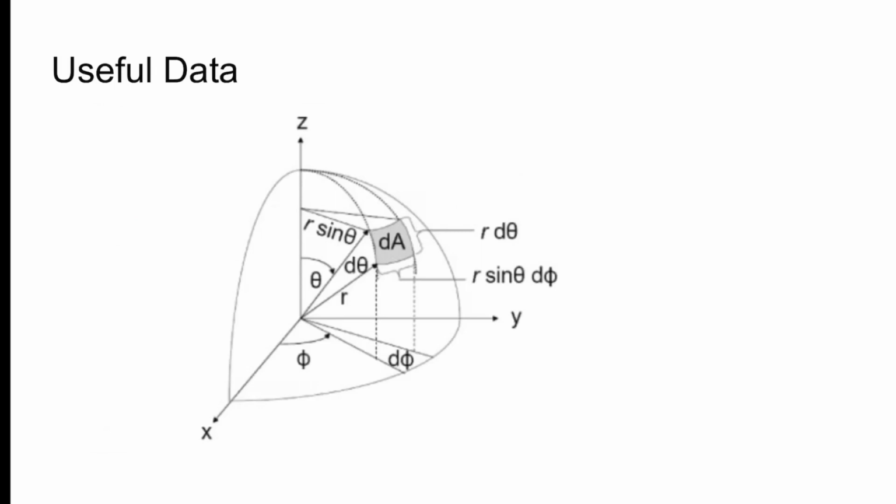Now in order to solve this question, you need to first understand spherical coordinates. Just like x, y, z in Cartesian coordinates, here we have r, theta and phi. R is in the radially outward direction.